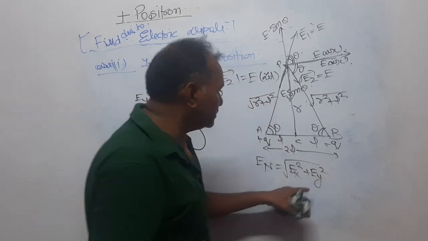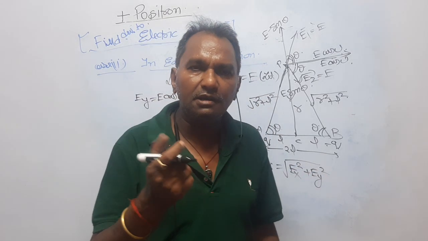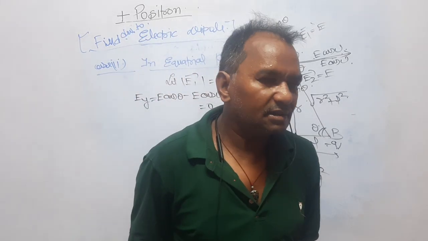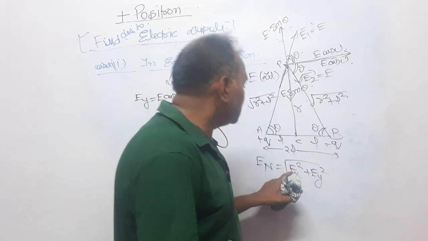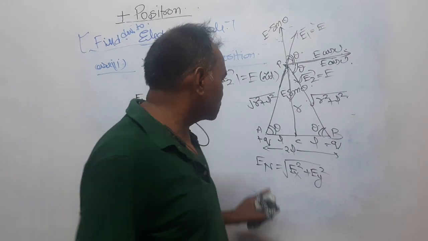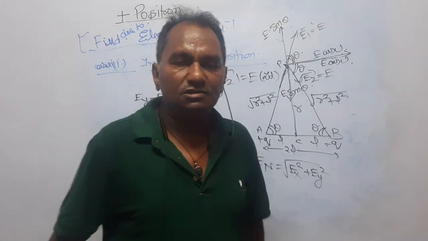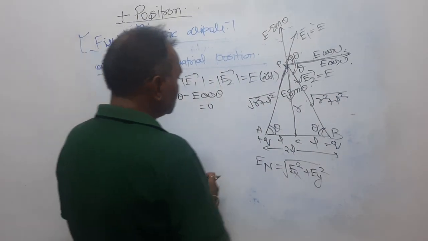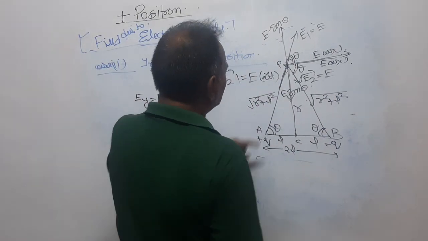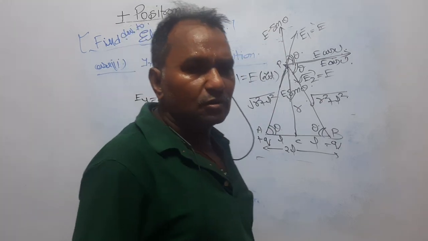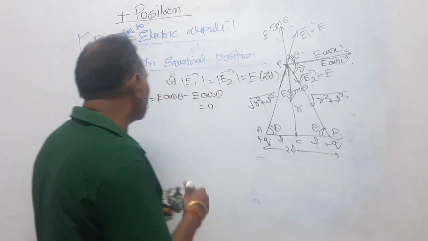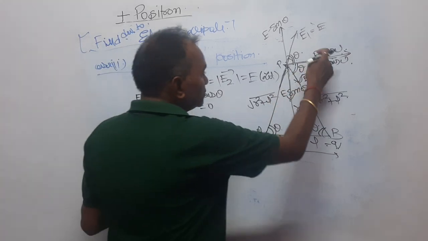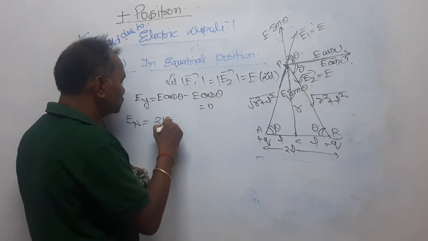Now look here, if Ey is 0, net component along y is 0, then En is equal to square root Ex square, that is Ex, and if Ex is equal to 0, then En is equal to square root Ey square, that is Ey. It means, in this case, dear student, the y component is 0, so the net field is only along the x axis. You can write En is equal to E cos theta plus E cos theta, that is 2E cos theta.